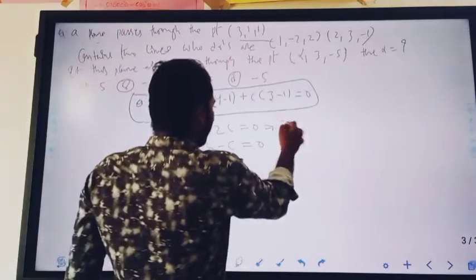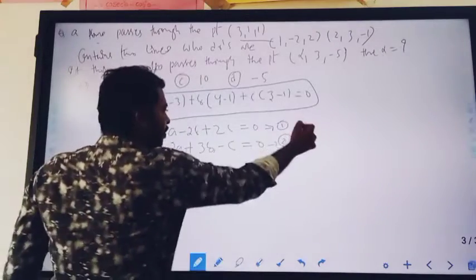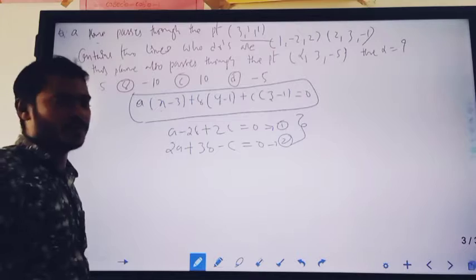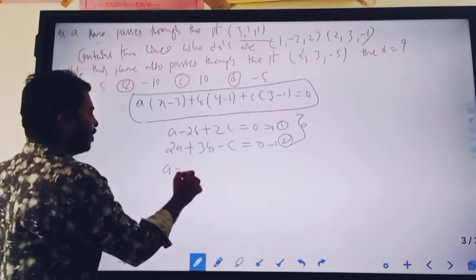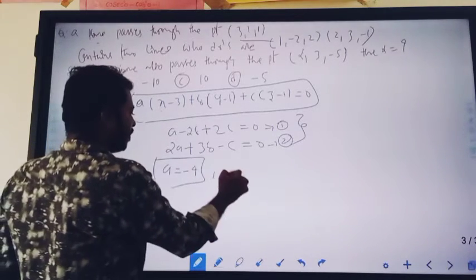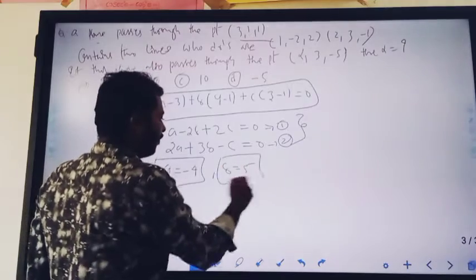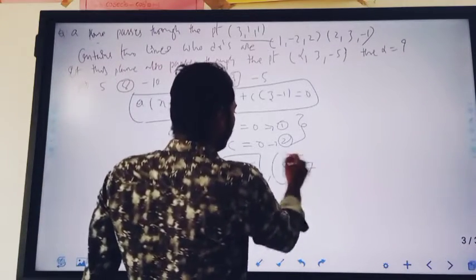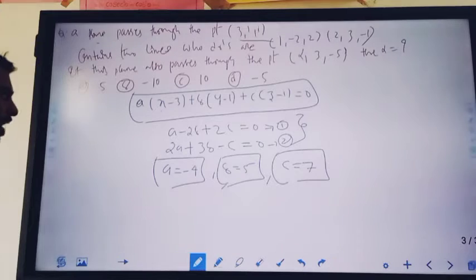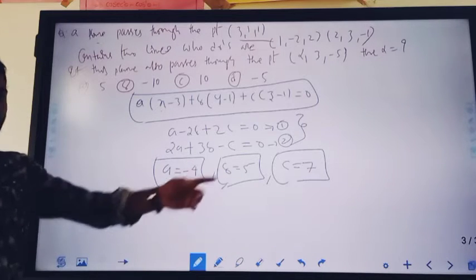Now this is equation 1, this is equation 2. By solving these two equations, we get a equal to -4, b equal to 5 and c equal to 7.